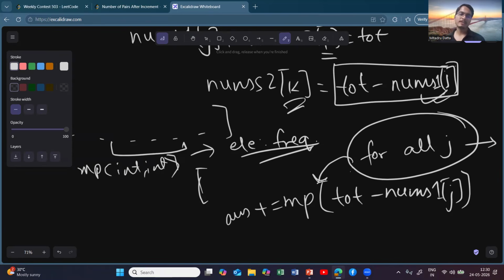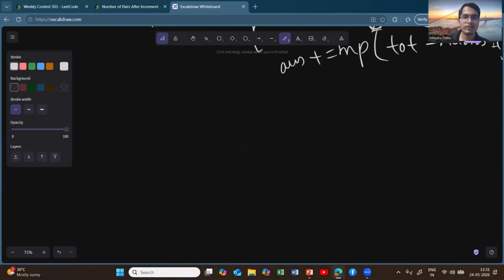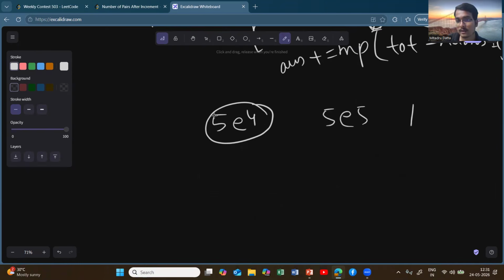But if you try to create the map and do the range update every time, it will be very hectic. So this is the question where we need to look at the constraint. The constraint is 5e4, not 5e5 or 1e5.